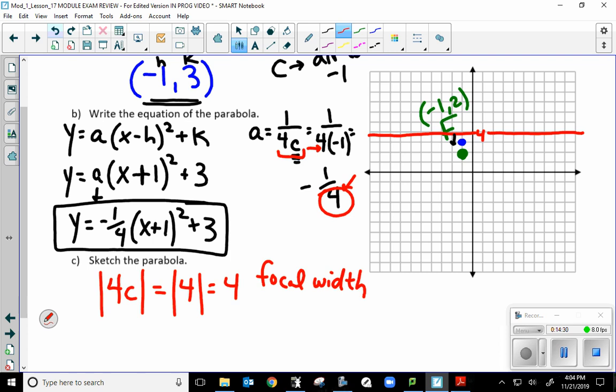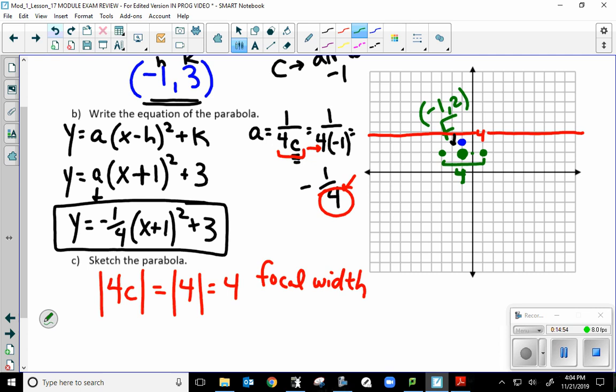That tells you how wide your parabola is going to be at the focus. So, the focus is this green dot. It should be 4 wide, which means I got to go 2 to the right and 2 to the left. That has a focal width of 4.